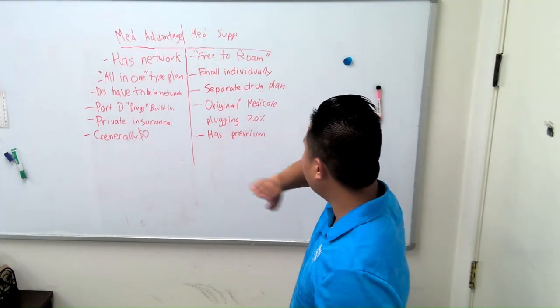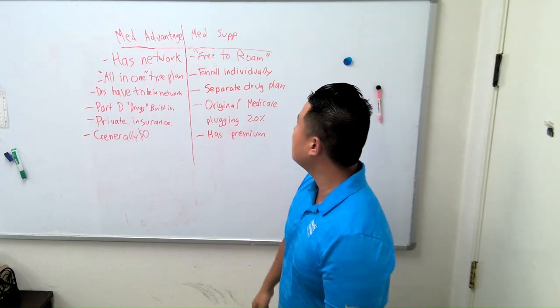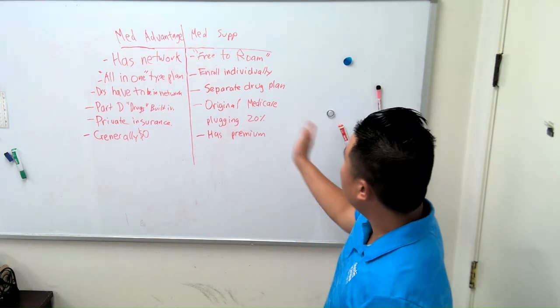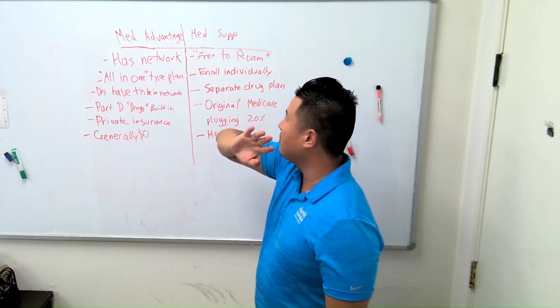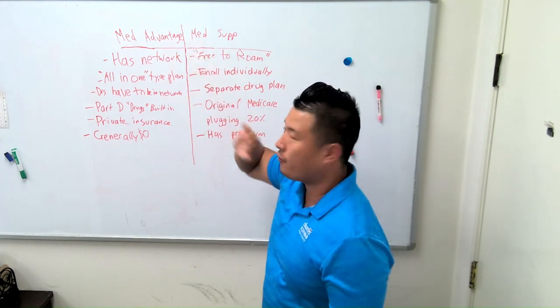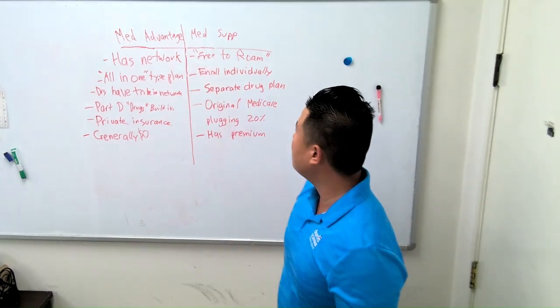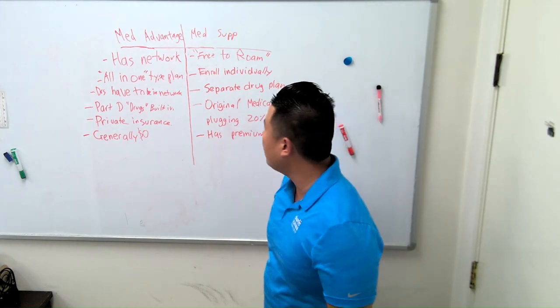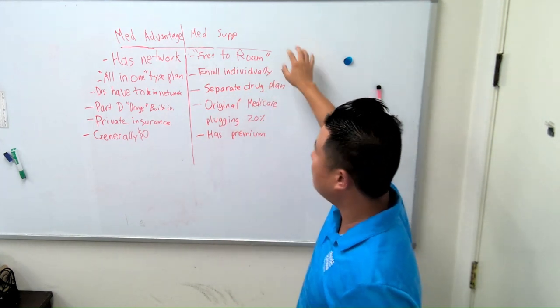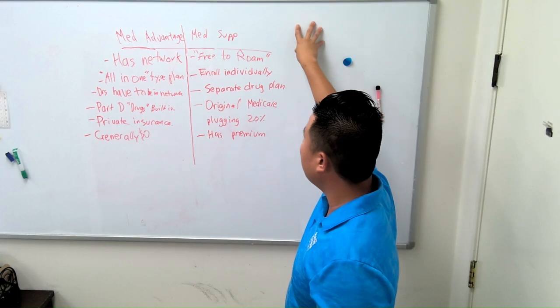So again, this does have a premium associated with it. Your job is to find out first if they're a Medicare Advantage client or if they're a Med Sup client, right? If they have a lot of doctors, most likely Med Sup, right?